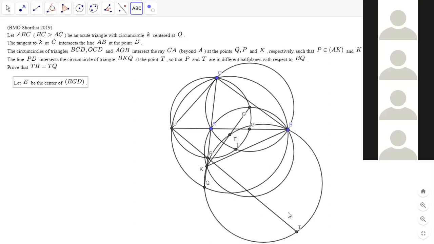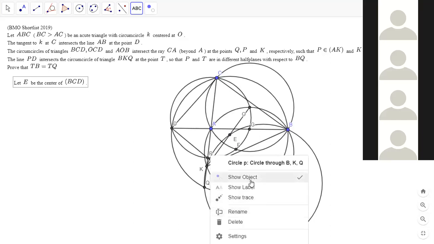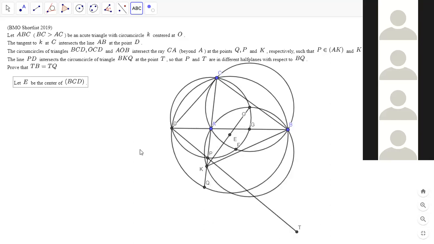So I think we want to know that this circle passes through E. No, we don't actually need it, because let's say we call T the intersection of two tangents from Q and B. We just need it to belong to the circle QKB, and we can prove it by angle chase. We don't actually need the point.